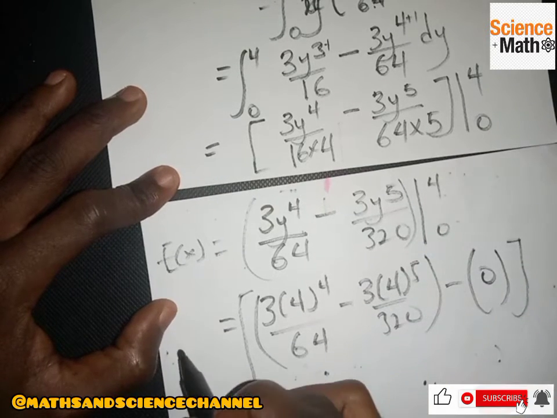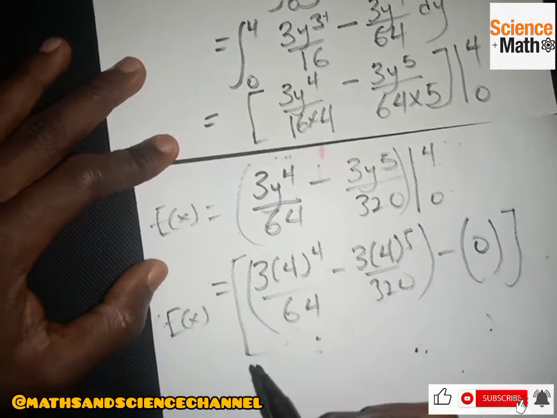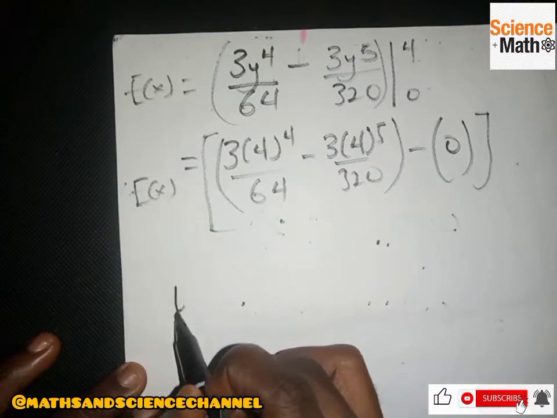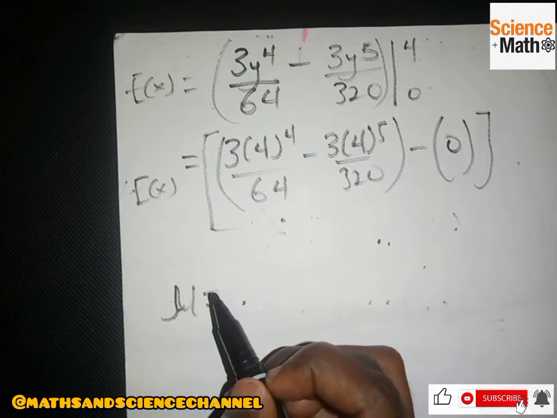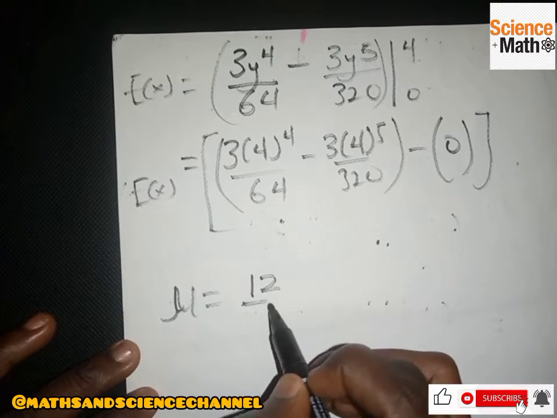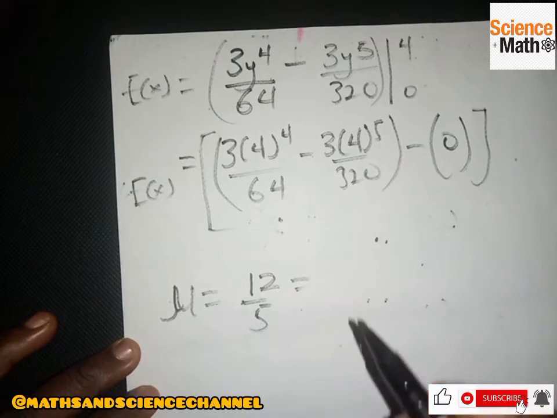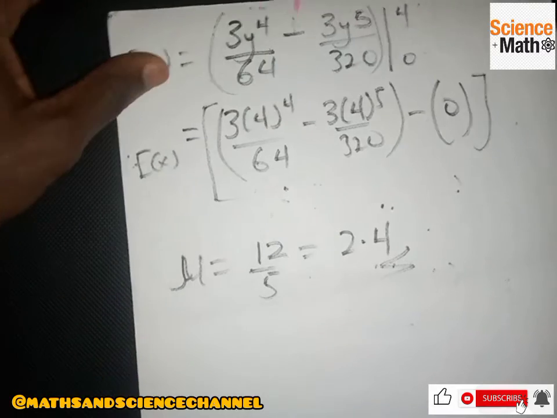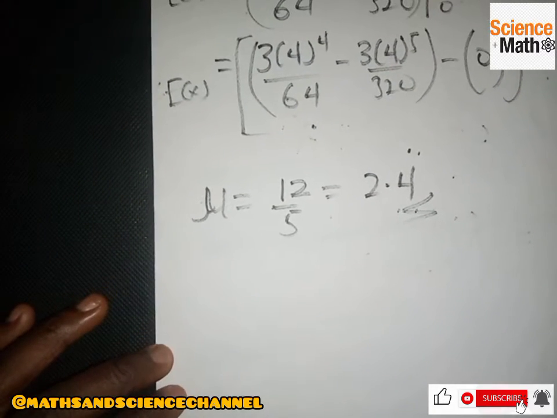So the mu here, when you compute the whole of that, is 12 divided by 5, which is equal to 2.4, and that will be the mu in this case. The next question says we should find the variance.